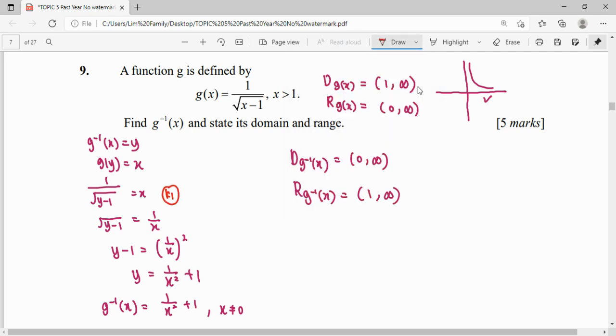So here will be our inverse concept, and finding out our y. Finally, to get our answer, state out its domain and range by referring to our domain and range from g(x).